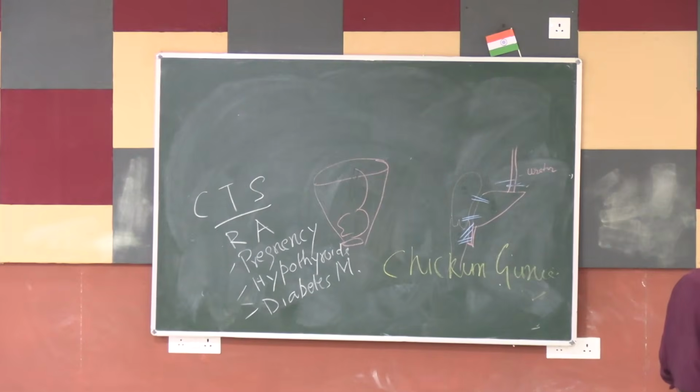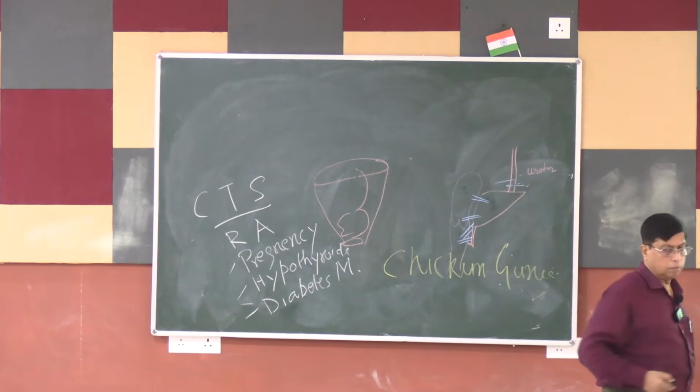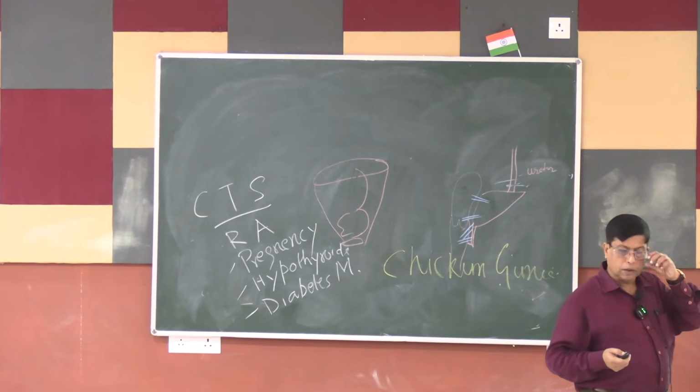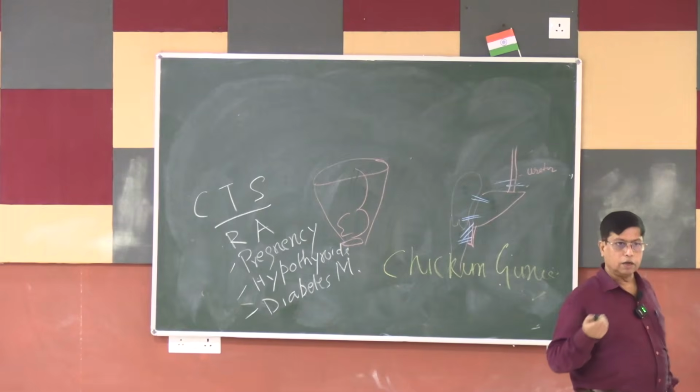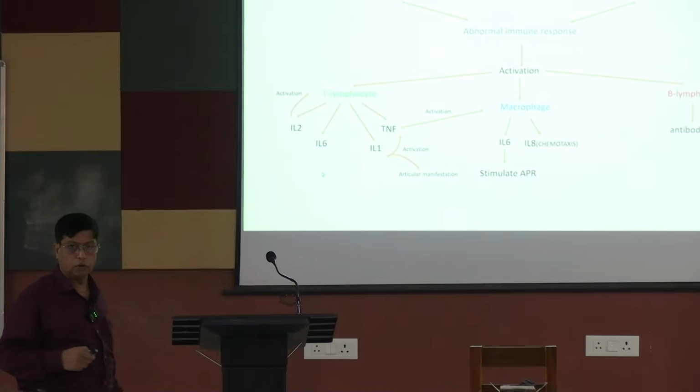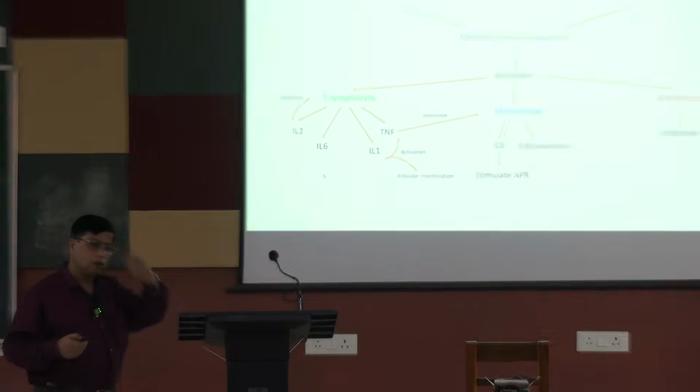So the etiology is that there is activation of the disease process. What causes the activation? T lymphocytes. You know that MHC, major histocompatibility complex 2, activates CD4 lymphocytes. CD4 is a cluster of differentiation.